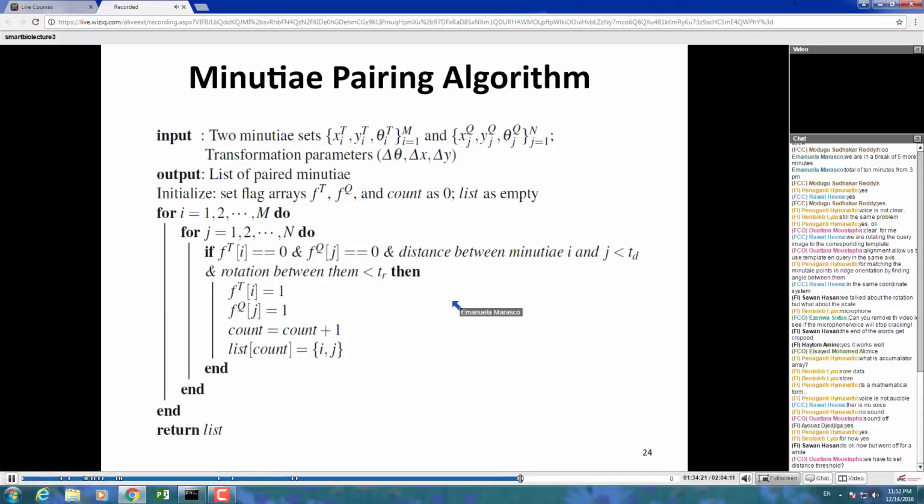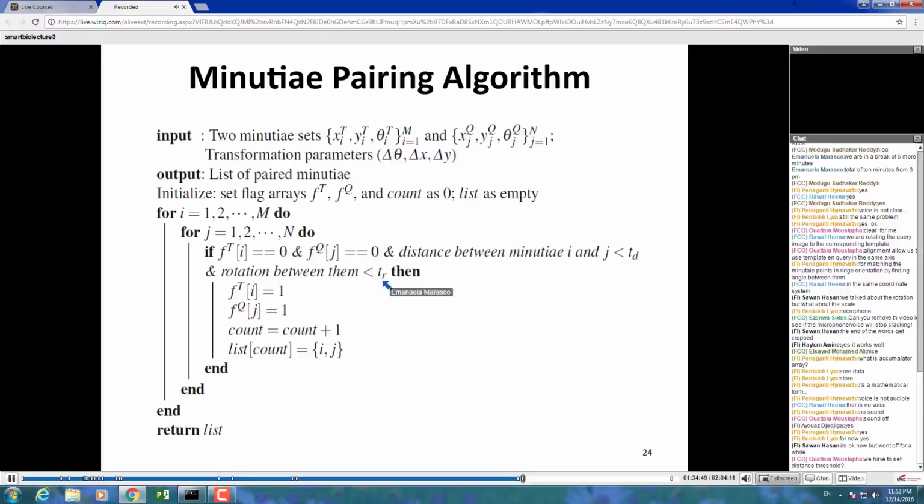So the answer is yes, we set a distance threshold when counting the paired minutia. And now we can see a case study which clarifies the algorithm itself. Why do we need a distance threshold? Why do we need an angle threshold?